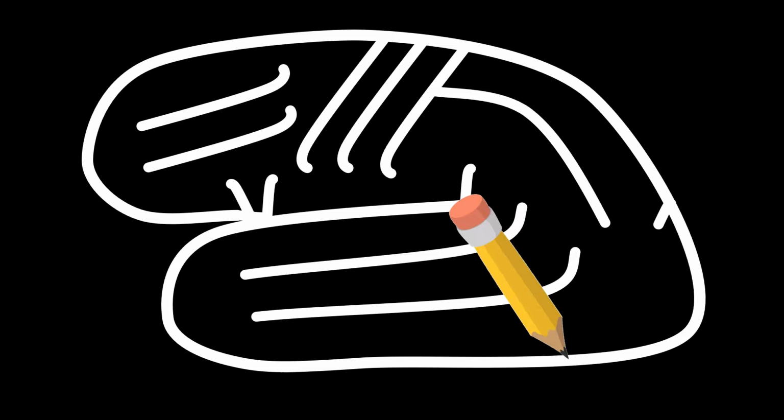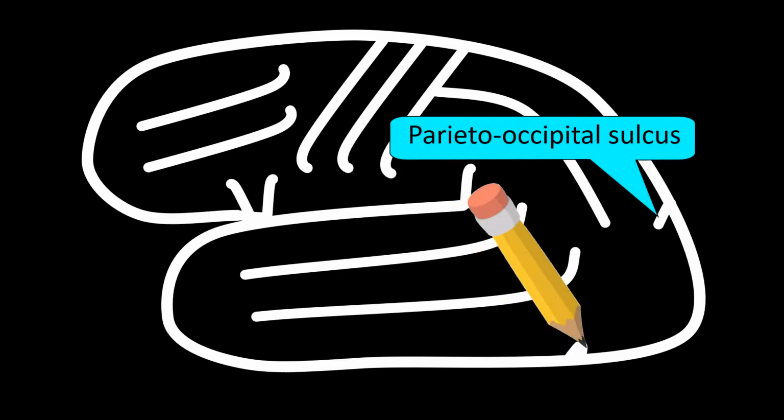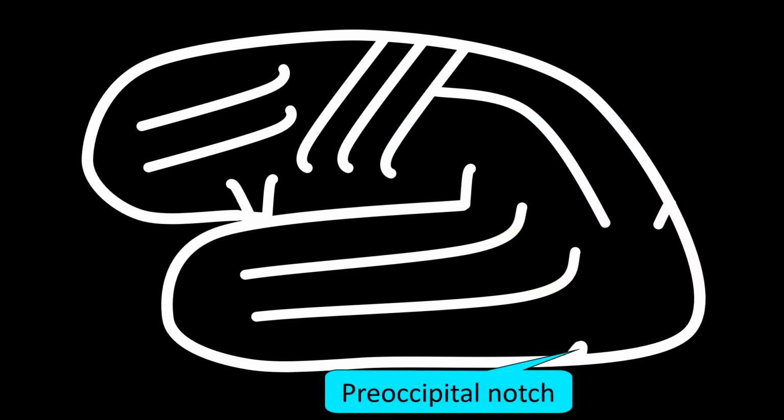Now go to the ventral surface about 1/4 of the distance from the occipital pole and draw a short line in the direction of the parietal occipital sulcus. This is the pre-occipital notch.